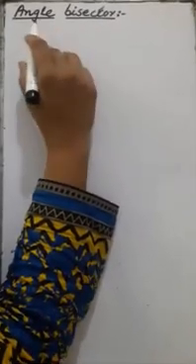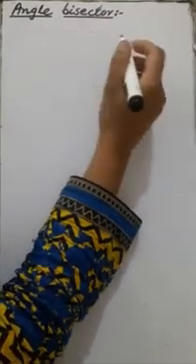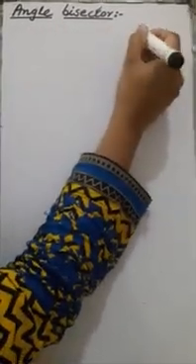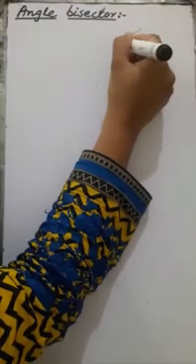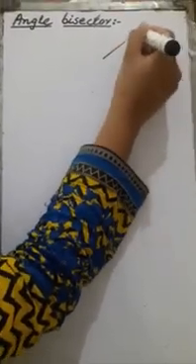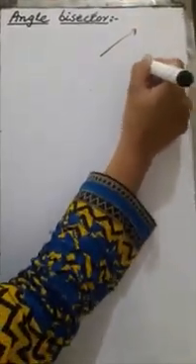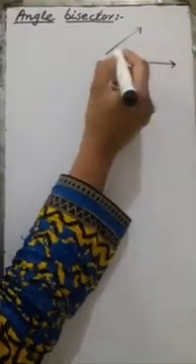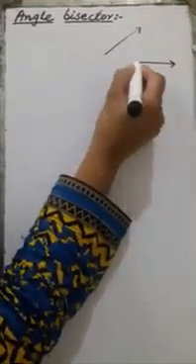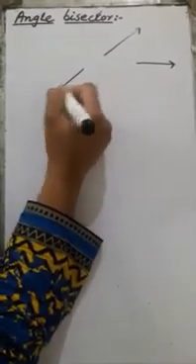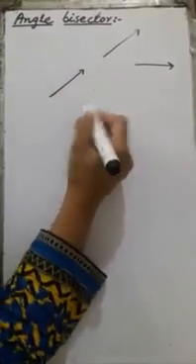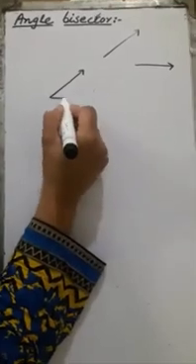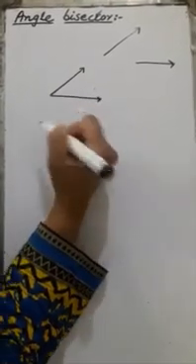First of all, for the angle bisector, we should know that an angle is made by joining the endpoints of two rays. Suppose this is a ray and there is another ray. If I join these two rays by their endpoints, then an angle is formed.